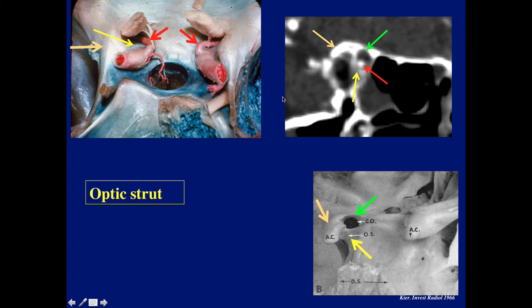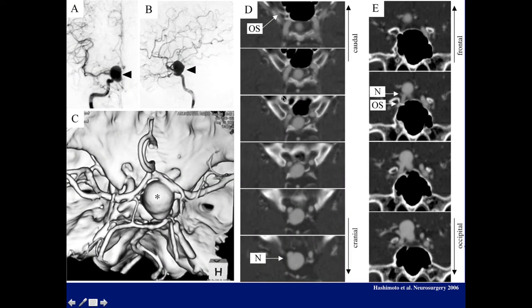Now, can we use that to help us with aneurysms? Turns out that people have been using it. This is an article from Neurosurgery where they used the position of the optic strut to determine if they could clip the aneurysm or not. Here the aneurysm, it wasn't clear exactly where it was in relationship to the structures.